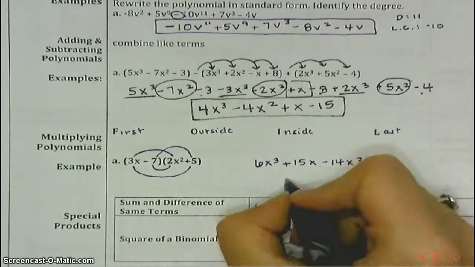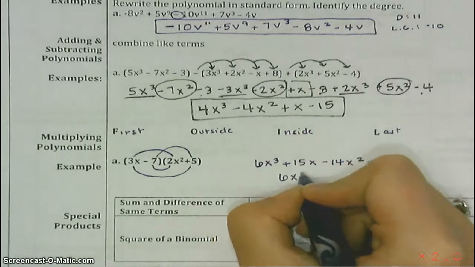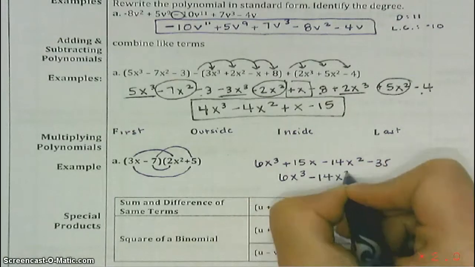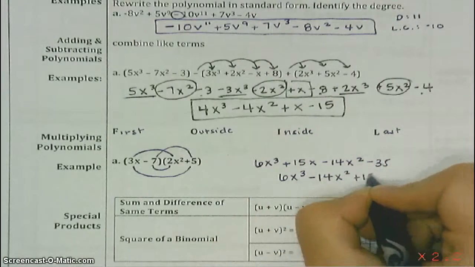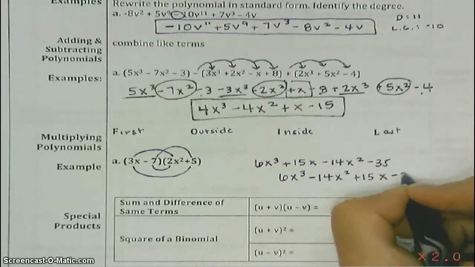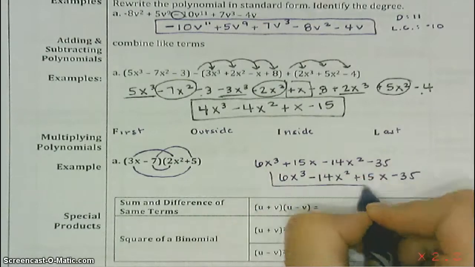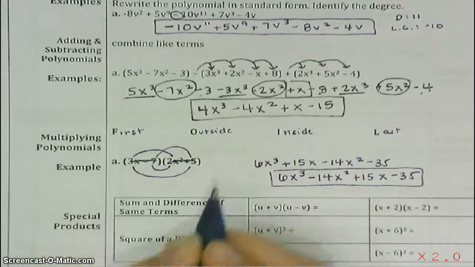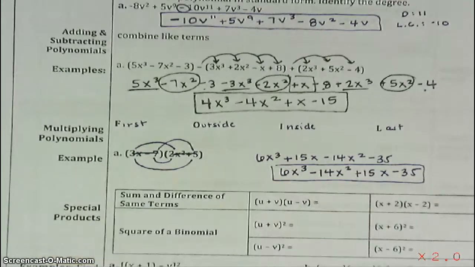So just make sure your answer's in standard form. So I'm just going to have to switch out those middle terms. Sometimes you'll be able to add them if they have the same power, but in this case they don't. And if you go back over here, if you just put in 2 eyes, it kind of looks like a smiley face. Kind of cool.